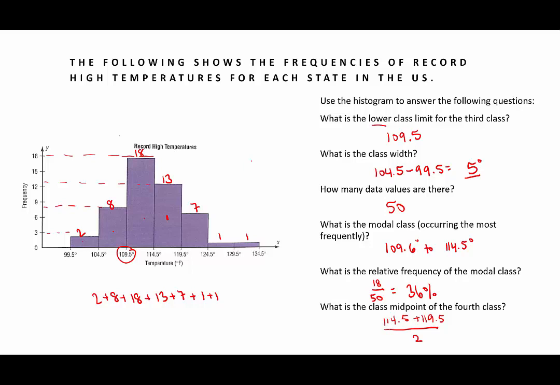This would be 115 plus 120 is 235. I know I added 1 to both of them when I should have only added it to 1. Let's see. Okay, we get 234. So yeah, I added 1 extra 1. And then 234 divided by 2, we're going to get a nice, beautiful 117. So 117 degrees would be the class midpoint of the fourth class.